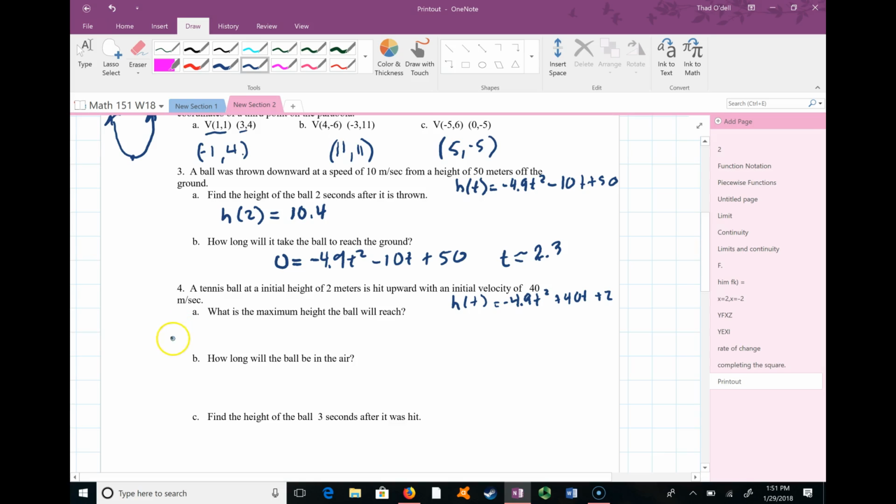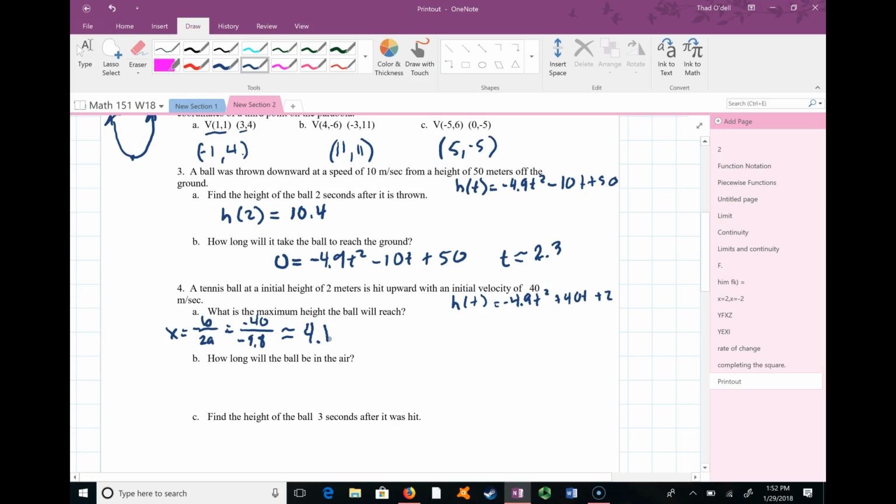One way to do this would be to go x equals negative b over 2a and solve that, which gives you about negative 40 divided by negative 9.8, which is about 4.1.